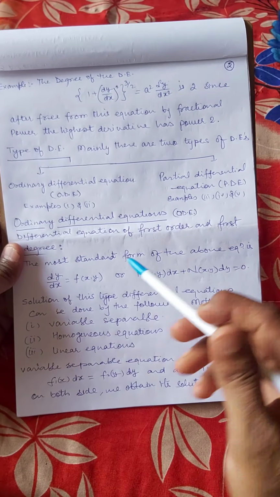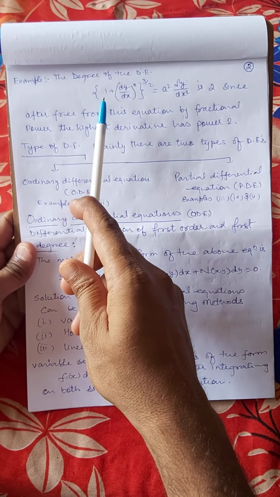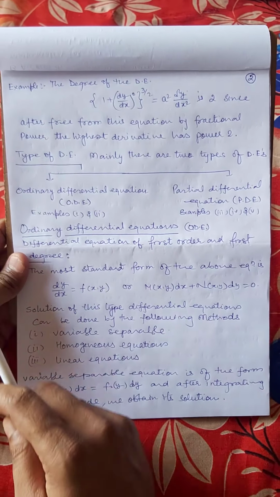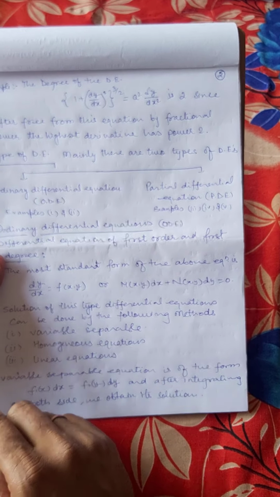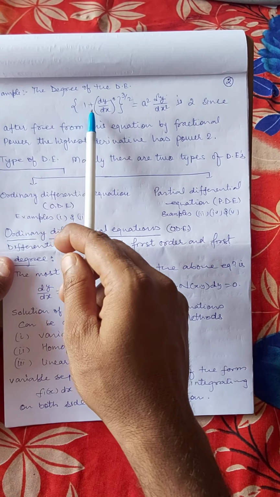Take another example of differential equation. In this differential equation the degree is 2. Why? Because first of all we can't directly state the degree. First we have to free this differential equation from the fractional power. Here the fractional power is 3 by 2. How do we free it from the fractional power?